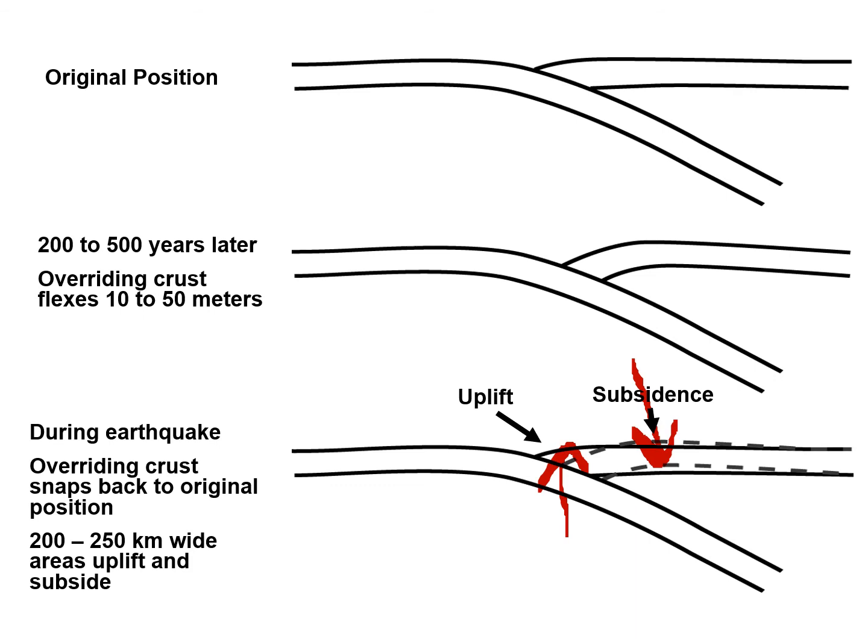Now, the real problem is, again, this uplift along the sea floor, this can displace huge volumes of water that has to go somewhere, and this is what generates the tsunamis.